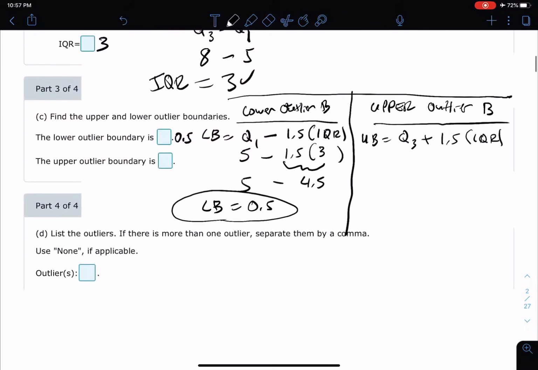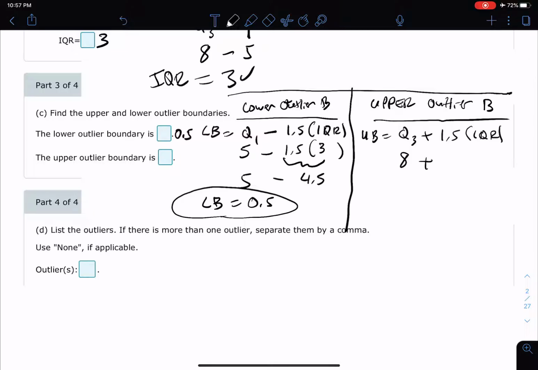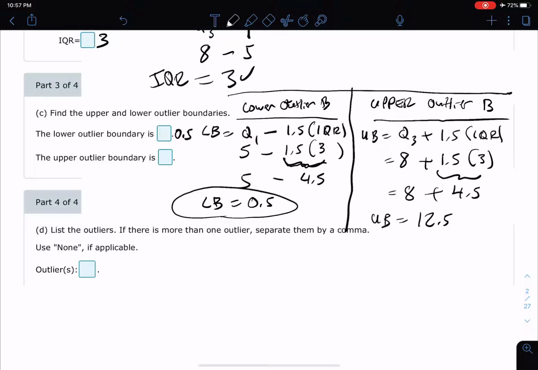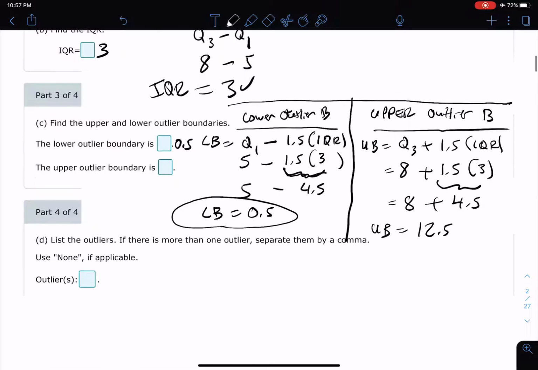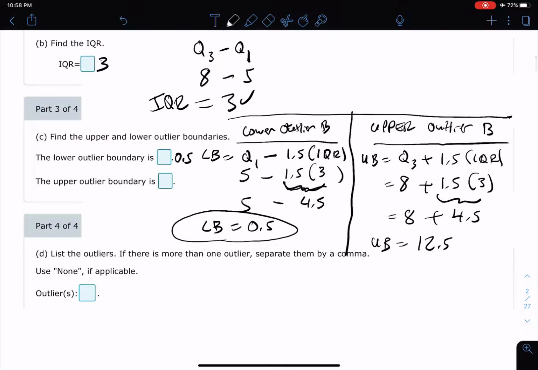Q3 was 8. 1.5 times the IQR is 3. We already found out from the last problem that 1.5 times the IQR is 4.5. So now we have 8 plus 4.5, which gives us 12.5. So our upper outlier boundary is 12.5.